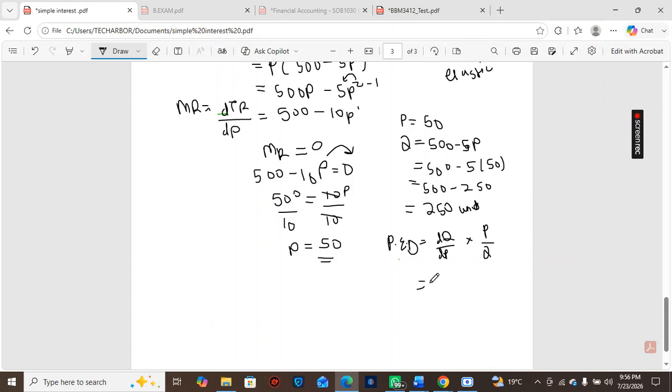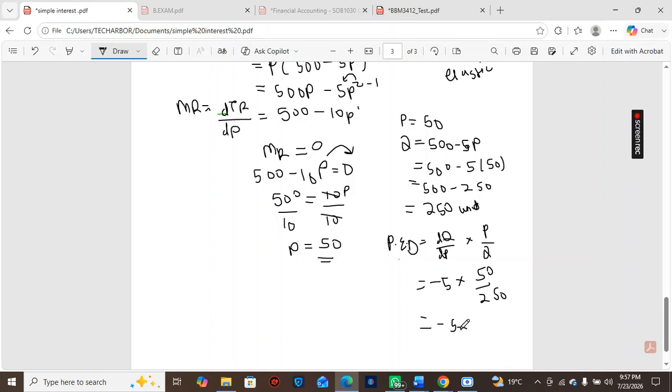We said it was negative 5, multiplied by 50 over 250. So 50 divided by 250 is 0.2.